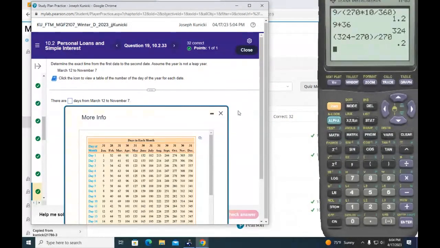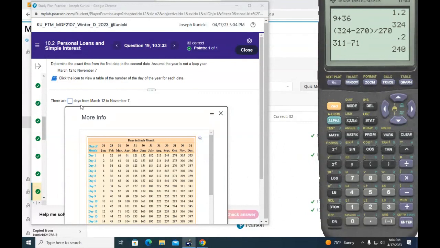So we want to go from March 12th to September 7th. So find September 7th first. I said November. September 7th is number 311, right? Then you find the second one, which is March 12th, and that is 71. So you subtract 71.